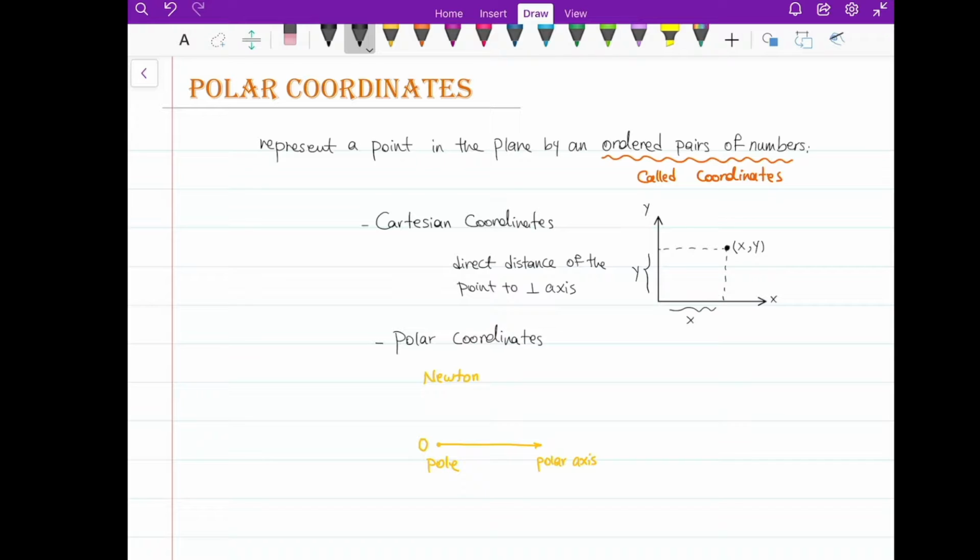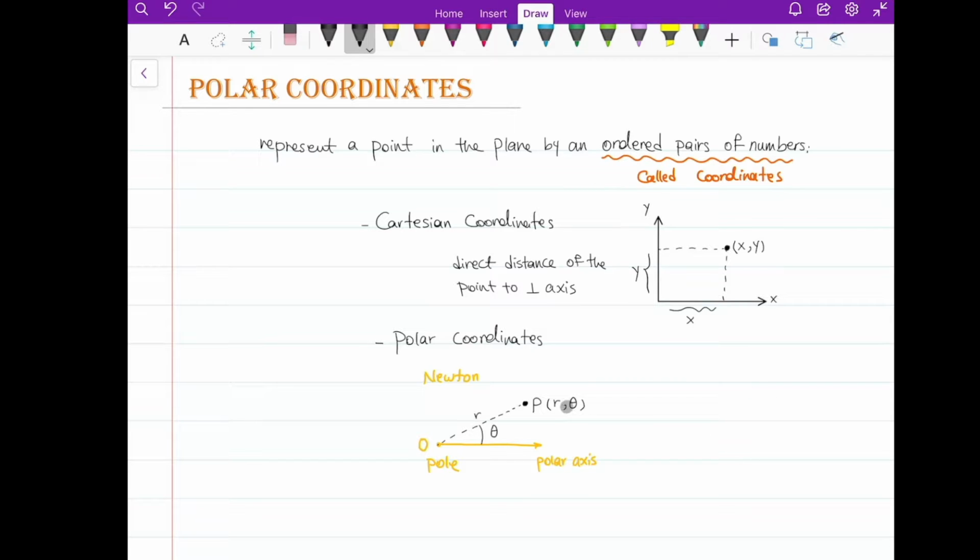Then any point, for example this point, I'm going to call this point P, we use a pair of numbers to show the coordinates of this point. One of them is the distance of the point to the pole, to the origin, and we call it r. The other one is the angle from the polar axis, which is basically the positive x-axis, to r, and we call it theta.